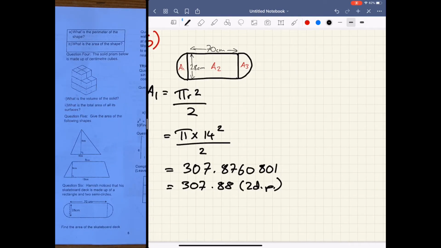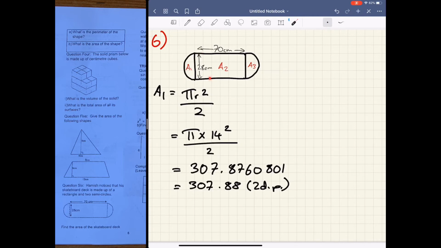Now we need to calculate area 2. The area of a rectangle is base times height. So you've got base, which is 70 centimeters, times height, which is 28. 70 times 28 is 1960.